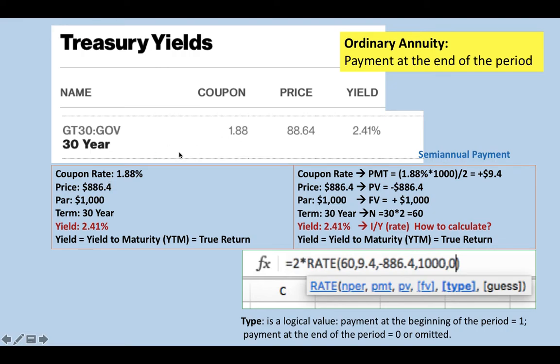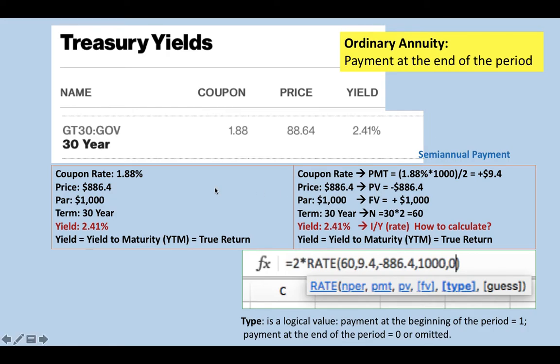If you have learned finance, given all this information and the time value of money, since it's an ordinary annuity, you can use your financial calculator or Excel to calculate the yield. The yield we often call yield to maturity. This is your true return.